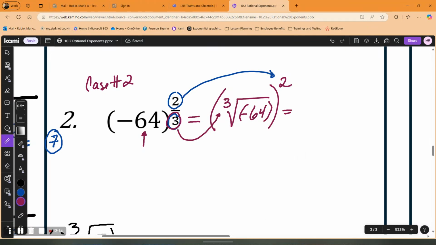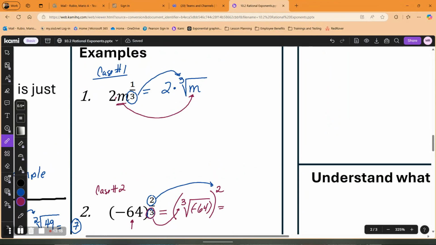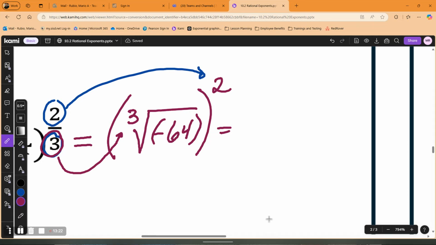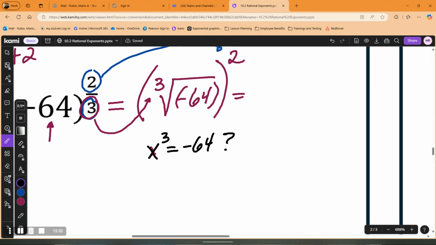Now it's all numbers. When it's variables, like in example 1, we kind of just leave it like that, we're done. But when we have all numbers, that means we can simplify. So we got to find the third root of negative 64. That basically is saying what to the third power will give us negative 64? Well, I know that the third root, or the cube root of 64, is actually 16?